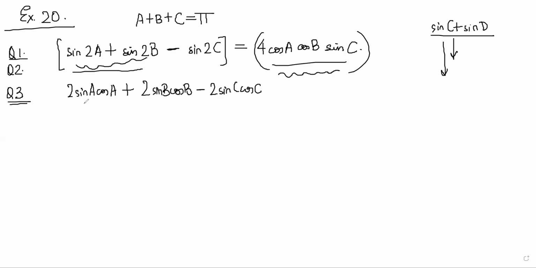Then it's basically sine a plus sine b plus sine c. So what are you saying? This is the question, this is the starting point. From here, you have converted to this. Then what? What is the next step after writing this? Then what did you do?